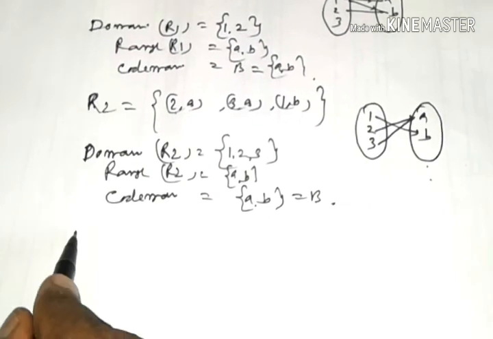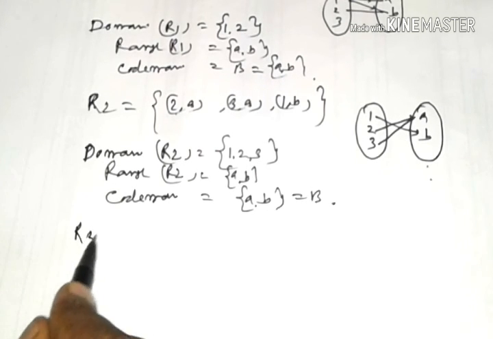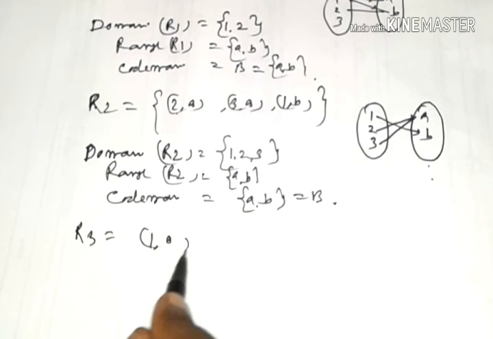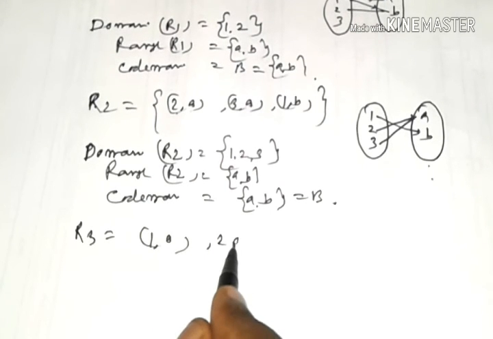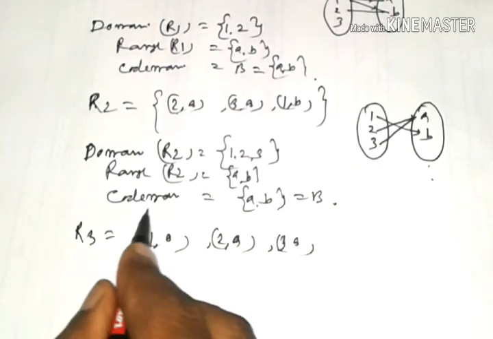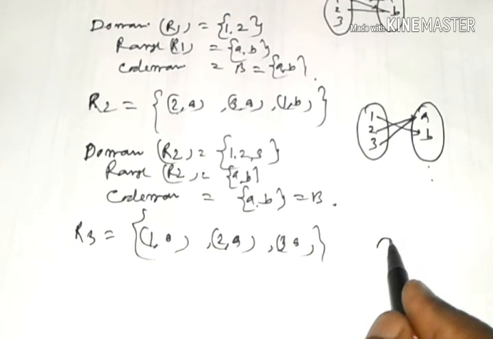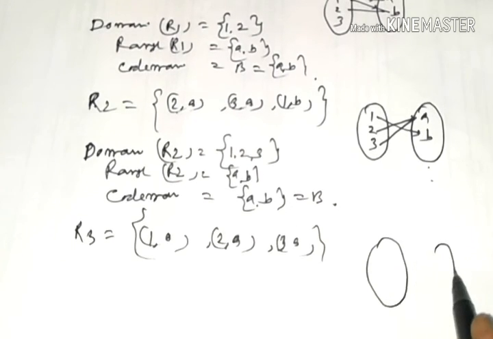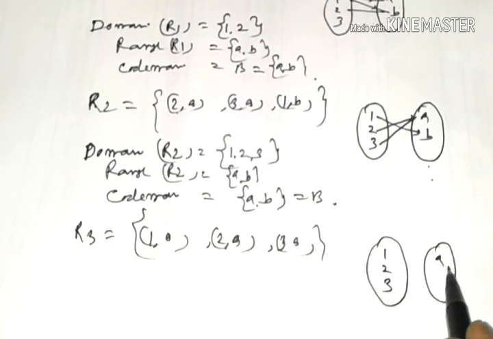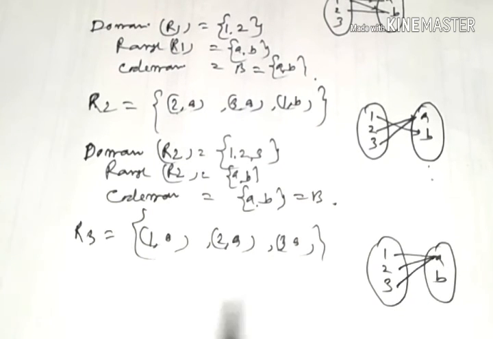In the example R3 above, we take a relation R3 as 1a, 2a, 3a. Here also we have drawn the diagram: 1, 2, 3, a, b. 1 is related to a, 2 is related to a, and 3 is related to a.